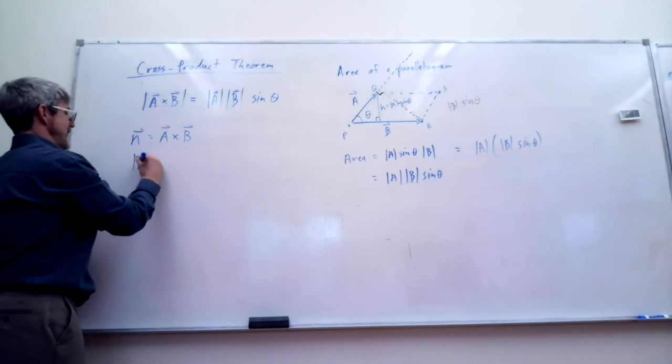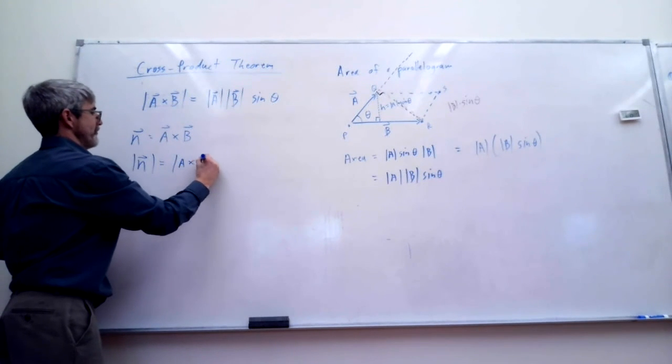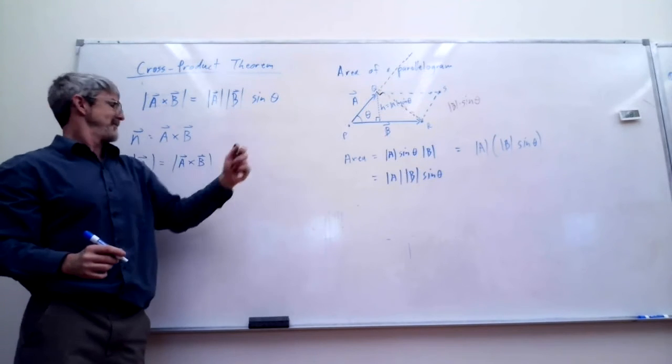So the magnitude of N is equal to the magnitude of A cross B, and we just found that that is AB sine theta.